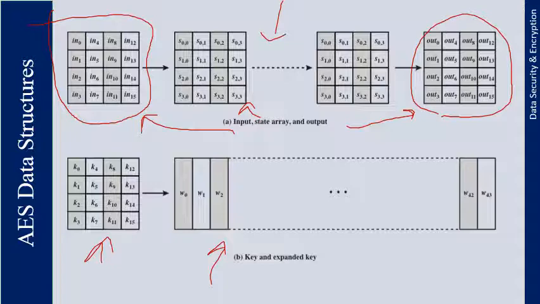This can be done by one initial transformation, and then 10 rounds of transformation multiplied by 4 transformations in each, and in the final round we get 3 transformations. In total we get 4 plus 40 plus... that is, 1 plus 40 plus 3, equal to 44 words, and this is for a 16 byte key.